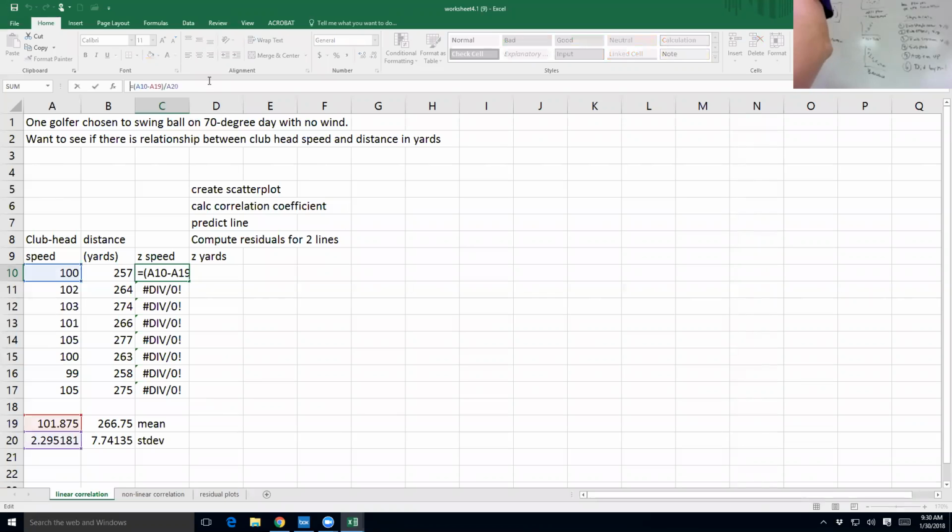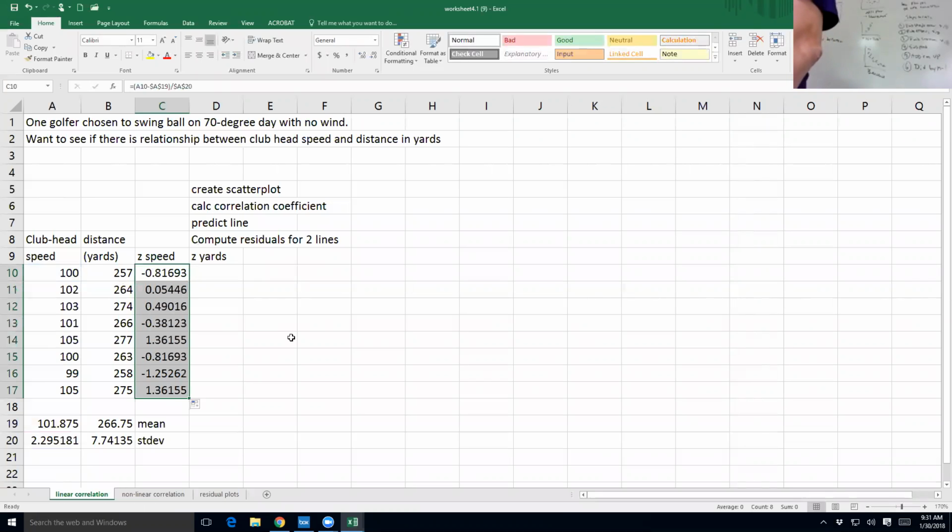He said to press F4. Where do I press F4? On the last one, so it's got dollar signs in it, on the A19, which is the mean. Do I do it on the A10? No, I want that to change. So I got the same value I did before, but now when I copy it down, it works.